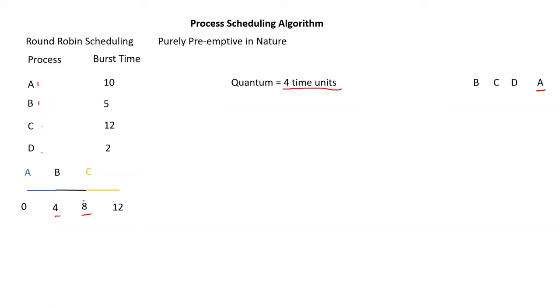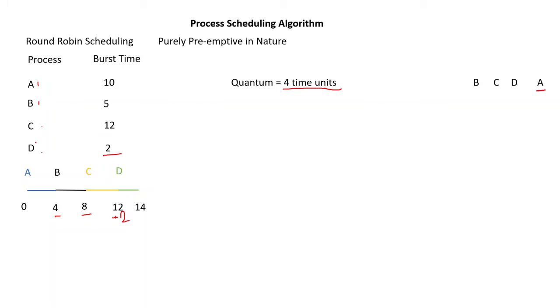And next D will be dispatched to the processor, where D will be executing from time point 12 to time point 12 plus 2 in this case, because the burst time of D is 2. So as a result, it will execute till time point 14, and at time point 14, D is left with 2 units of execution which it will not be needing.